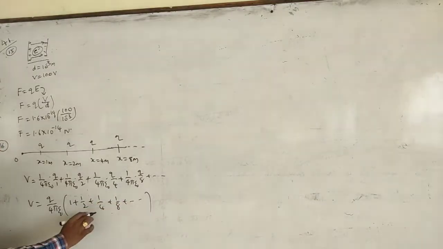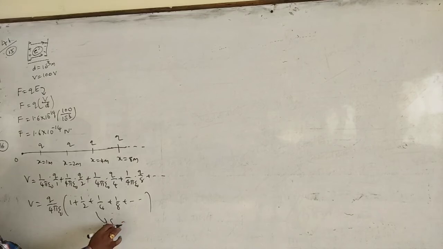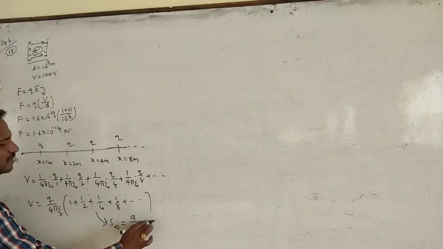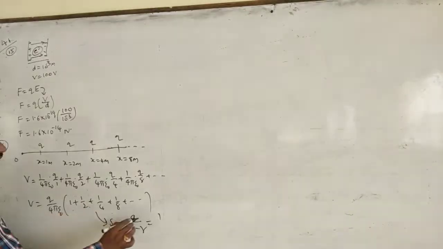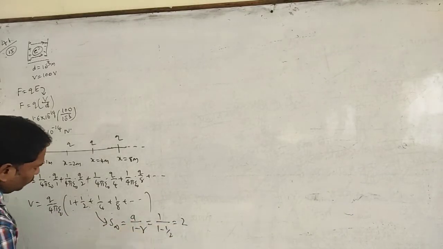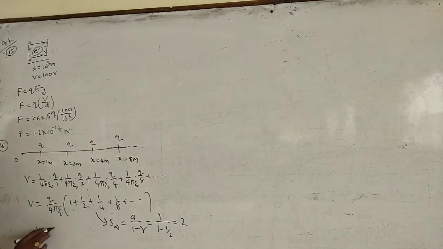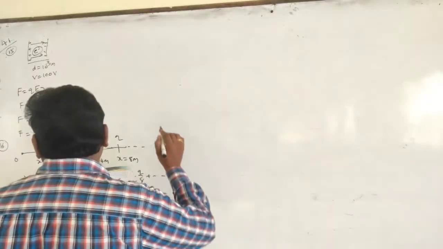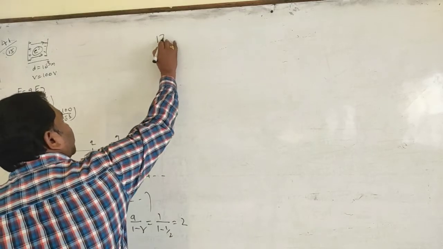This is in GP. What is the sum to infinity for a GP? A by 1 minus R, where A is the first term and the common ratio is 1 by 2. The answer is 2. So V is equal to q by 4 pi epsilon naught into 2, that is 2q by 4 pi epsilon naught.